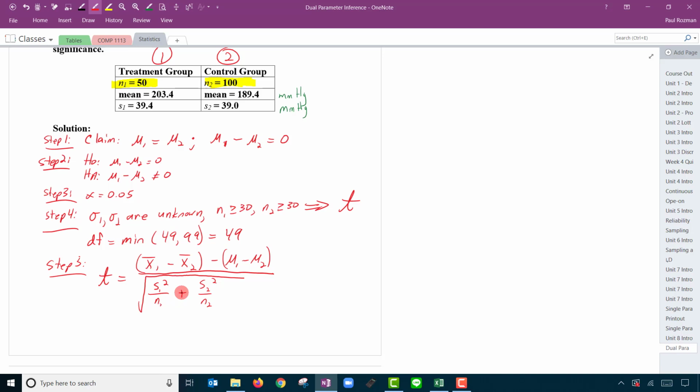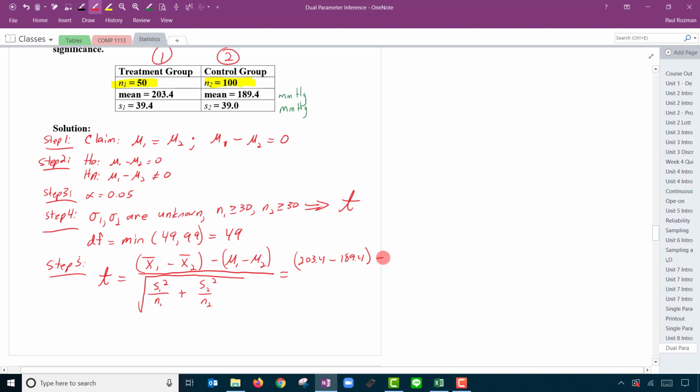We're making no assumptions. Plug all our values in here. X bar 1 is 203.4. X bar 2 is 189.4. Mu1 minus mu2 is 0. S1 is 39.4. S2 is 39.0, and we know our n's. So 203.4 minus 189.4.